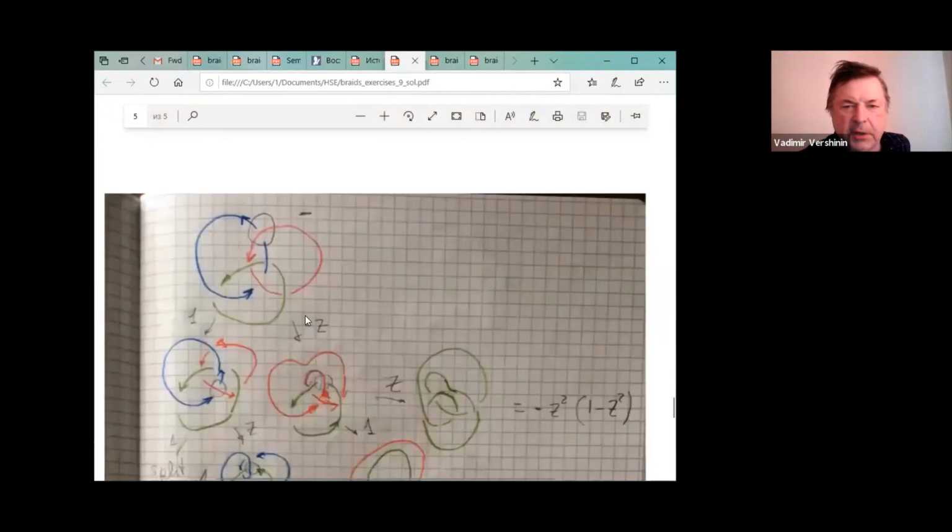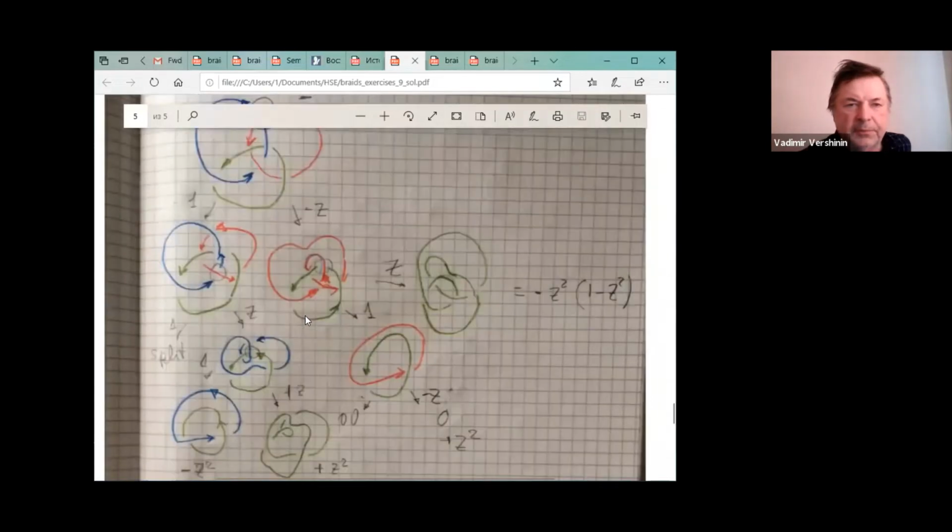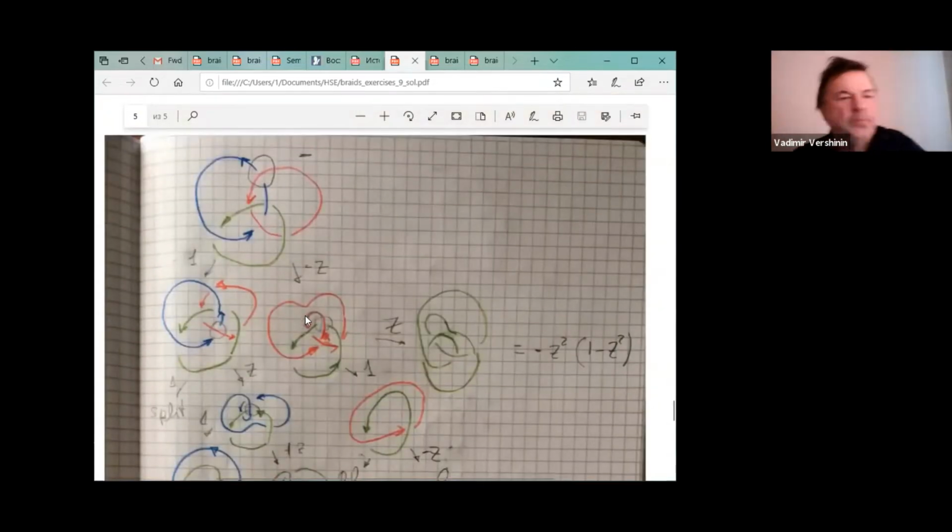What is left? It's the Borromean stuff. The Borromean stuff is much more work for our calculations for Borromean rings. So the same way, let us take the highest.